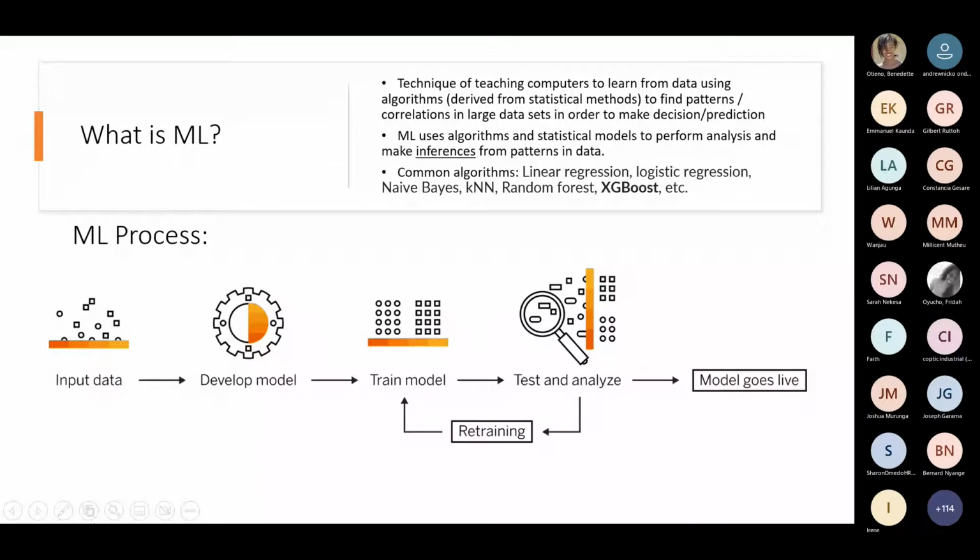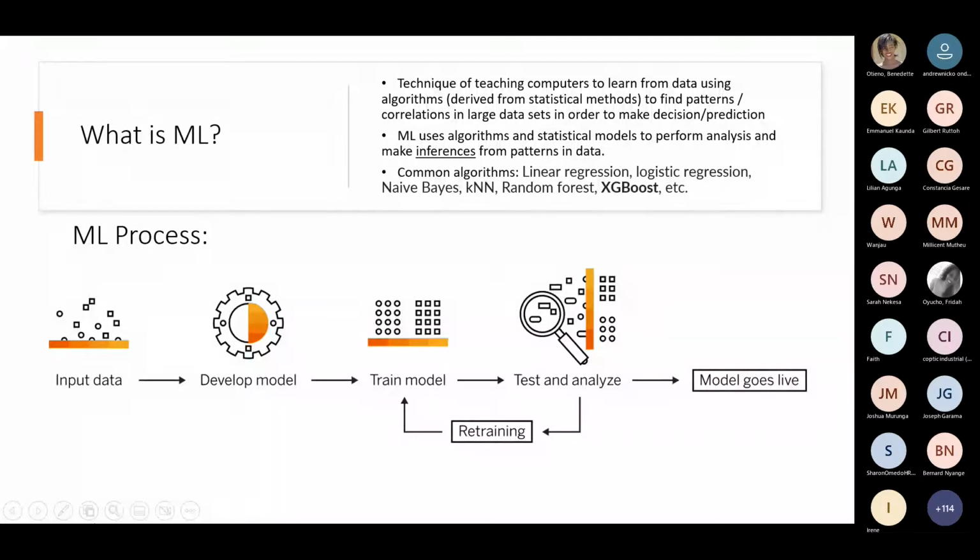And eventually we aim to make decisions or a prediction out of that. So that definition in a way encapsulates all the key elements of machine learning. That is the use of algorithms and analysis using large data sets so that we ultimately find a prediction or a decision from that data set.